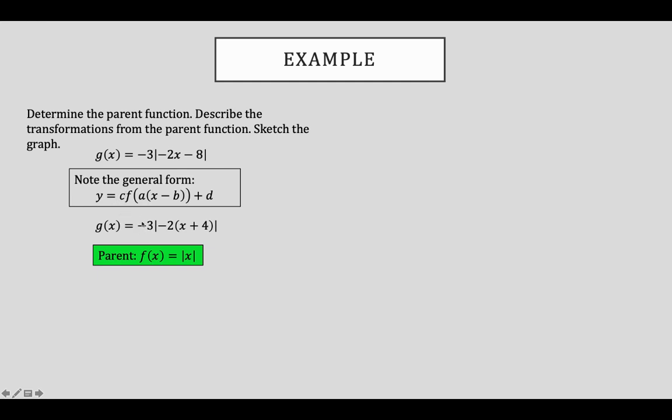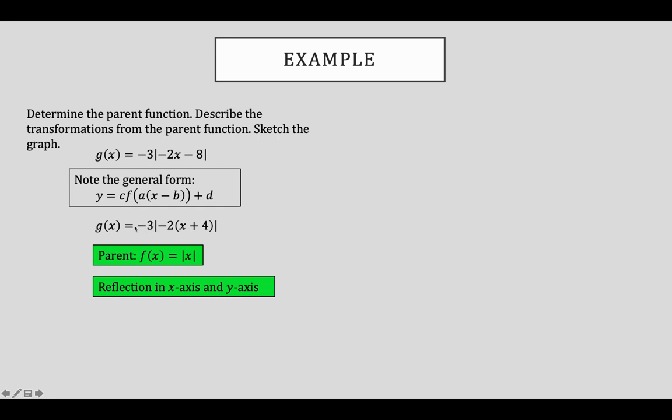If c is negative, that gives us a reflection in the x-axis. Now, also notice that the constant multiple a, that's the constant multiple inside of the parent function, is also negative. That is going to give us a reflection in the y-axis as well. So we have two different reflections occurring here. We have a reflection in the x-axis and a reflection in the y-axis.